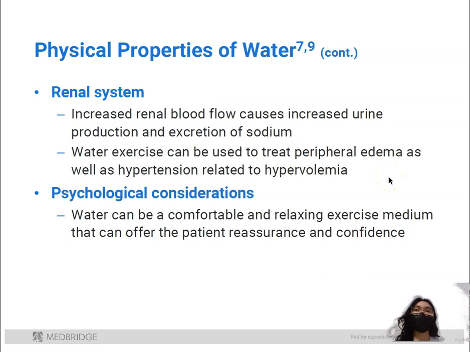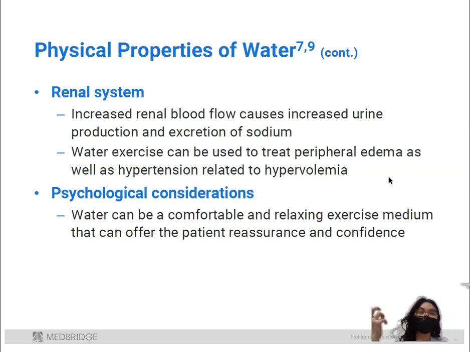Next, renal system. There is an increased renal blood flow causing the increased urine production and excretion of sodium. Okay, now I would want you to focus on this one kasi baka mamaya malito kayo. Kasi this is a domino effect. Water exercise can be used to treat peripheral edema. Sa peripheral edema, it is because of the hydrostatic pressure.